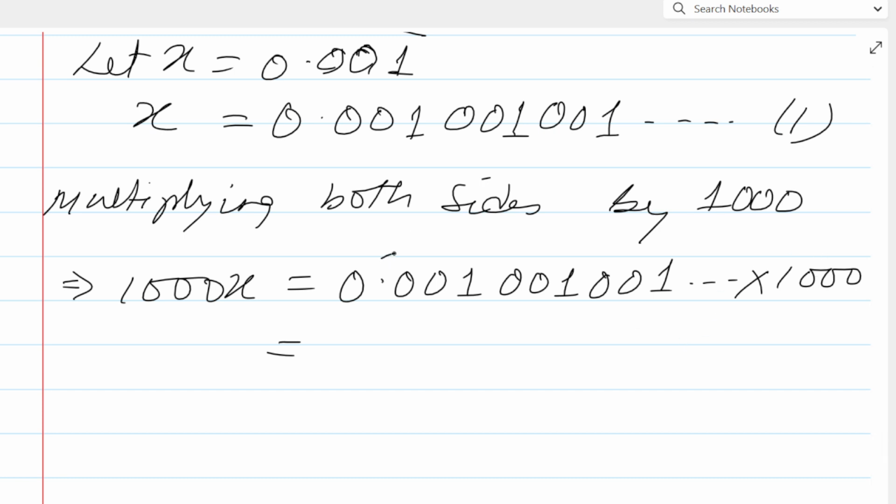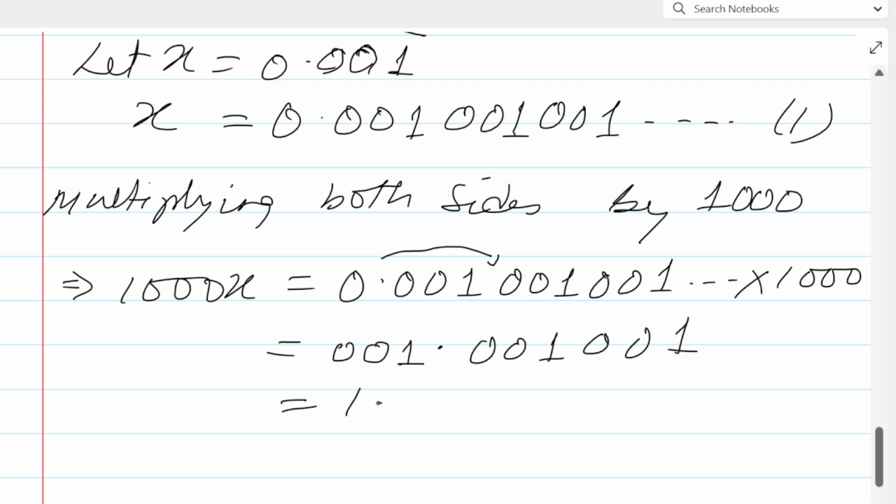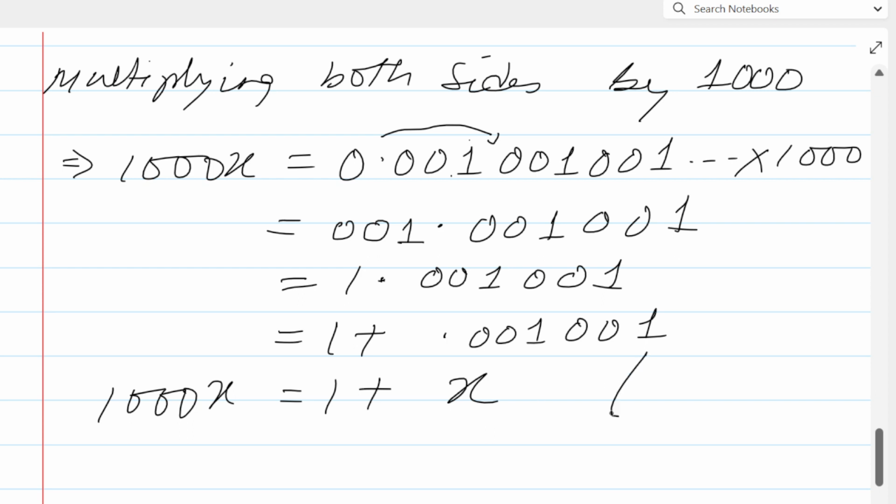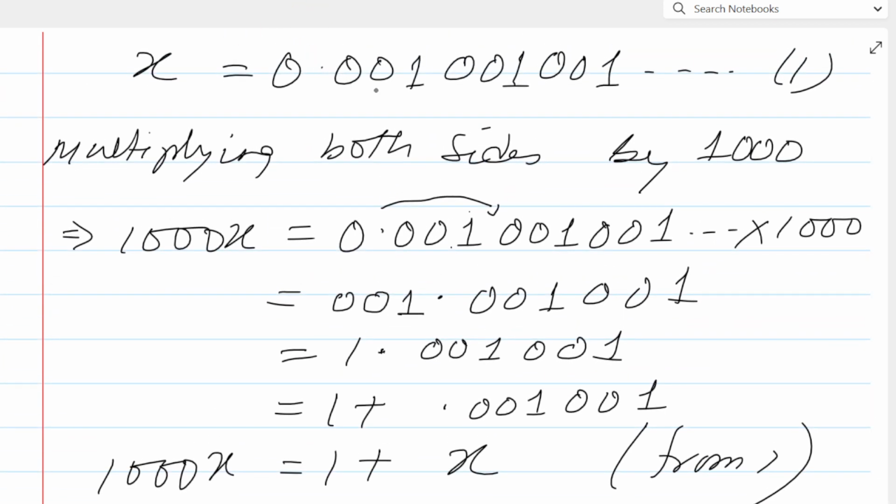That means the point will go after 3 digits, so 1000x equals 1.001001..., which gives me 1 plus 0.001001... This 0.001001... is x, as we know from equation 1. In equation 1, x is 0.001001... If you don't take the extra 001, no problem.